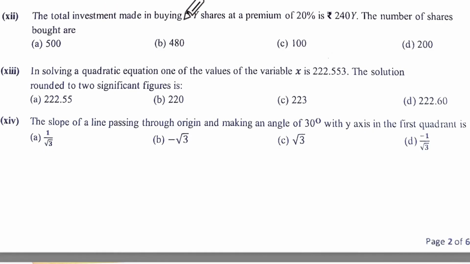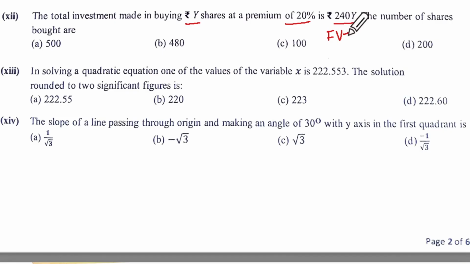Total investment made in buying rupees-y shares at a premium of 20% is this. Which means a rupees-y share means nominal value is y. Agreed? So your nominal value, face value, we are using face value, no?